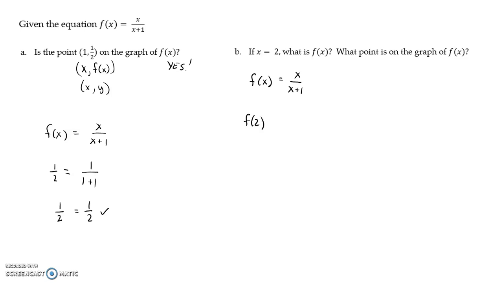So f of 2 is going to give us 2 on top and 2 plus 1 for our denominator. Let's simplify our denominator here. This is going to give us 2/3. So as a point on the graph, our x value was 2 and our y value was 2/3. So (2, 2/3) would be the point on our graph.